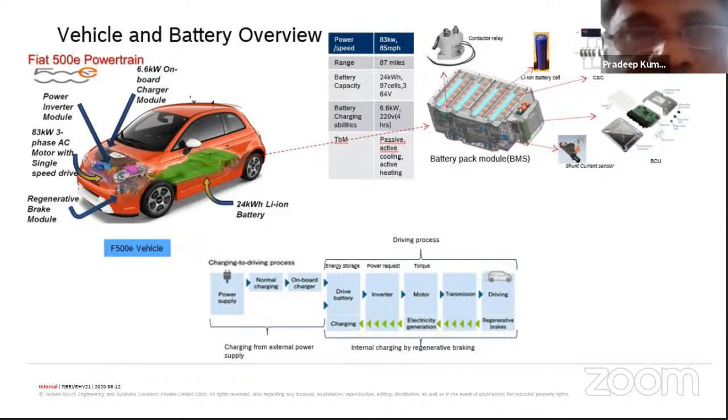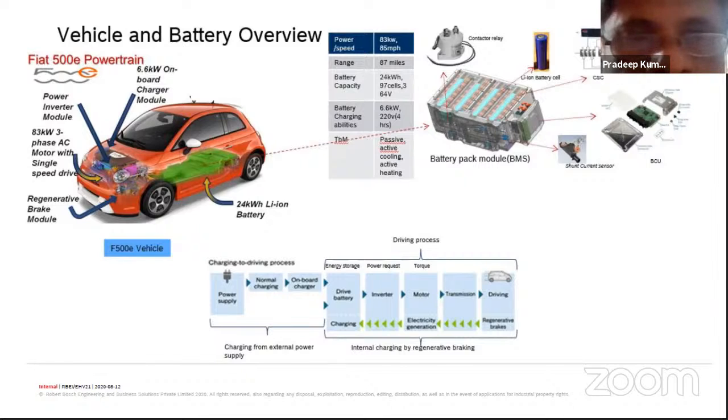Let me start with the battery pack, which is one of the most important components here. You can see the battery pack here, and one of the problems with the battery pack is the limited energy density compared with a petrol vehicle, so you will have a large weight. It's a huge weight, and one of the important constraints is how this weight needs to be distributed.